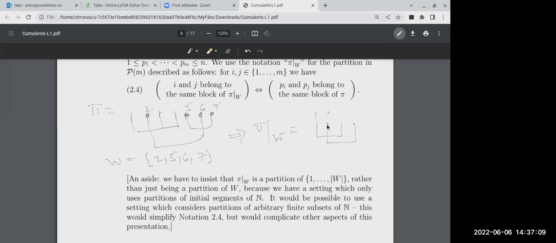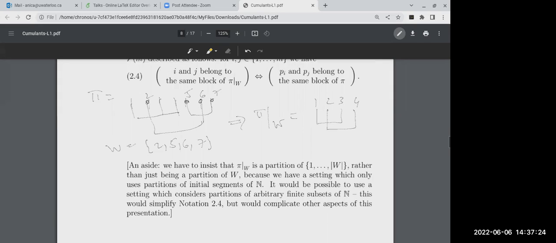But I always ask that we relabel them in increasing order. This is the restricted and relabeled partition, because my setting is such that I work only with partitions of 1 to n rather than partitions of general finite subsets of the natural numbers.